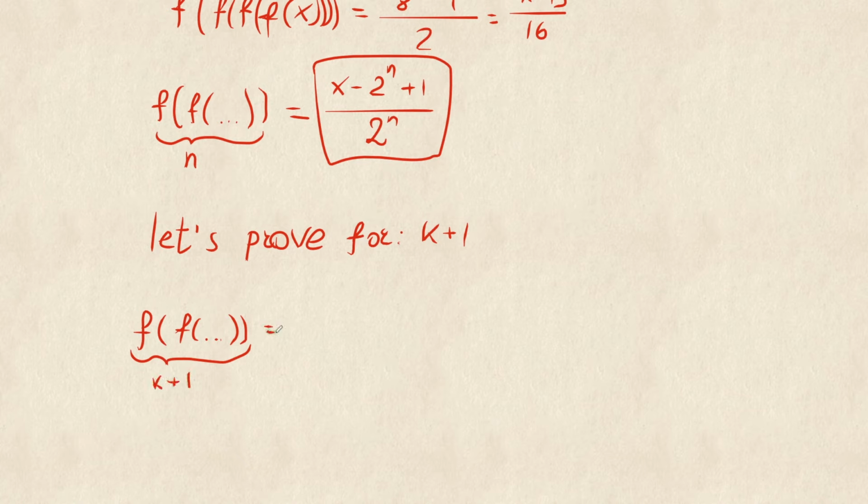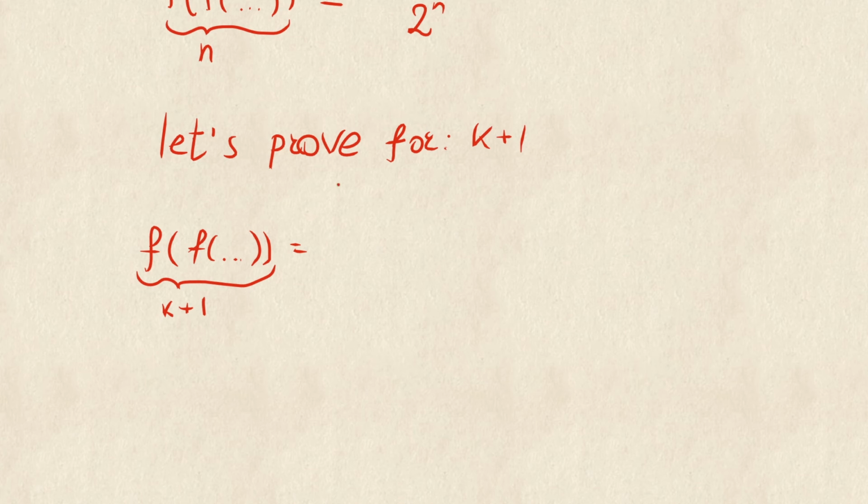Then our expression for this function looks like (x - 2^k + 1)/2^k, everything minus 1, and everything divided by 2.